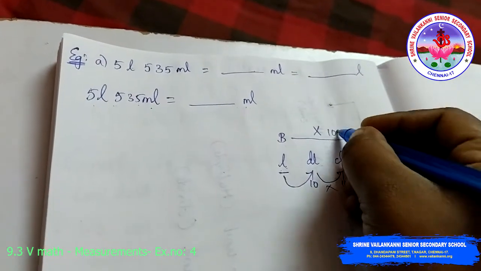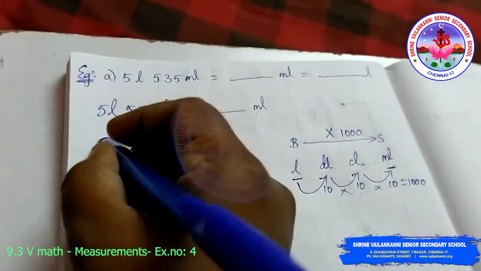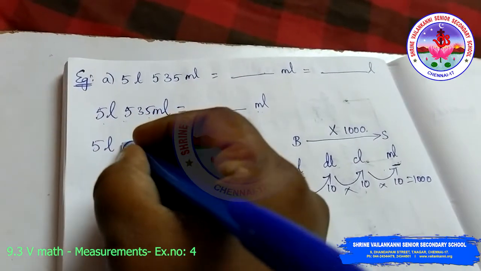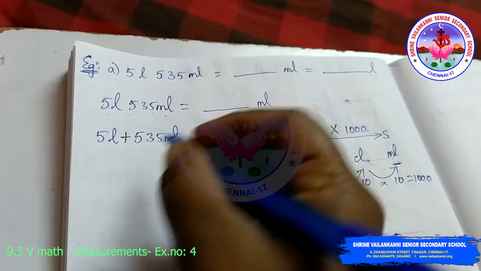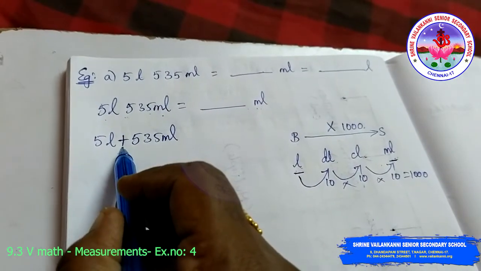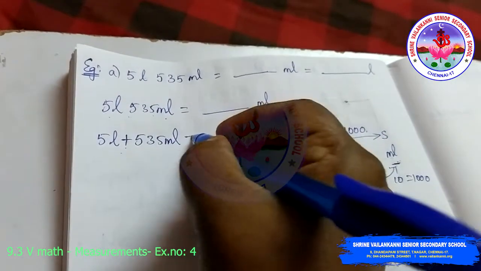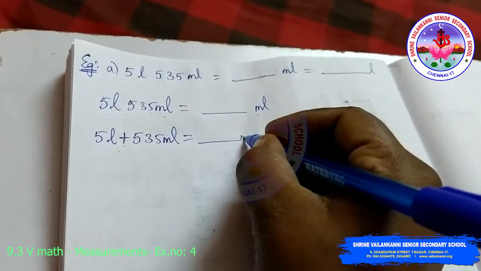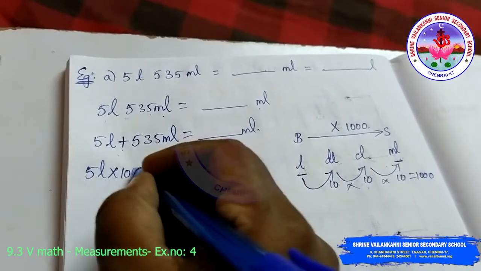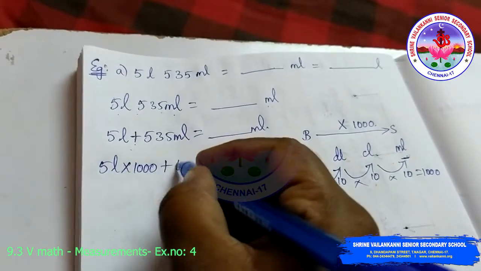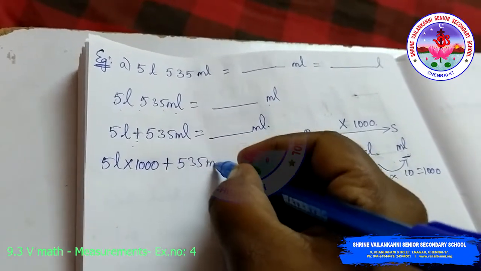So we multiply by 1000. First I am connecting the two with a plus symbol. This 5 liter has to be multiplied with 1000, plus 535 milliliter.